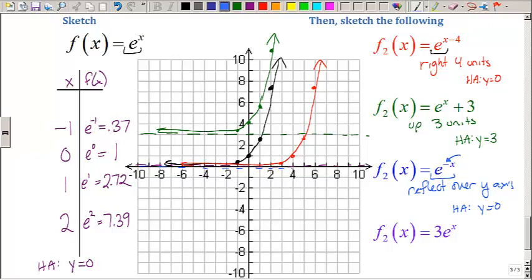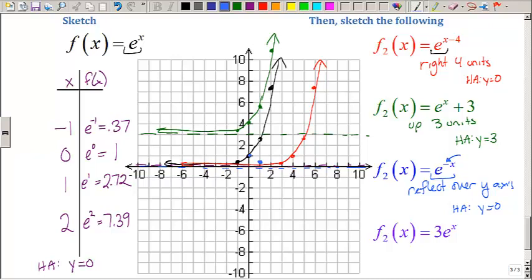Remember, the only time you're going to change your horizontal asymptote is if you shift vertically. So I'm going to take each of my black points and reflect it over the y-axis. At negative 1, 0.37, when I reflect over the y-axis, I get a positive 1, 0.37. At 0, 1, I'm on the y-axis, so when I reflect over the y-axis, I stay put.